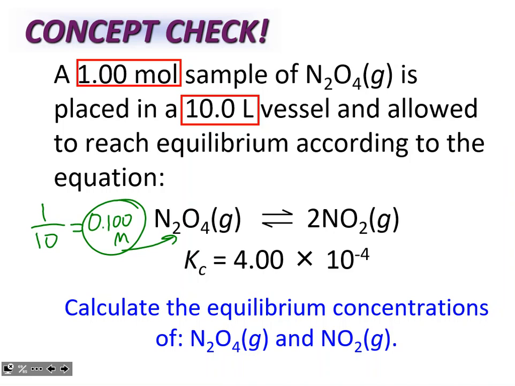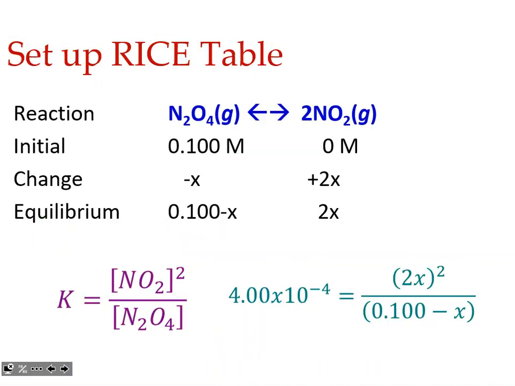If you want to examine further on this problem, you can check it out. I set it up for you here. So the basic setup here, we know that initially we're starting with 0 nitrogen dioxide. You would subtract X, add 2X to the other side because it has the 2 here in the balanced reaction.